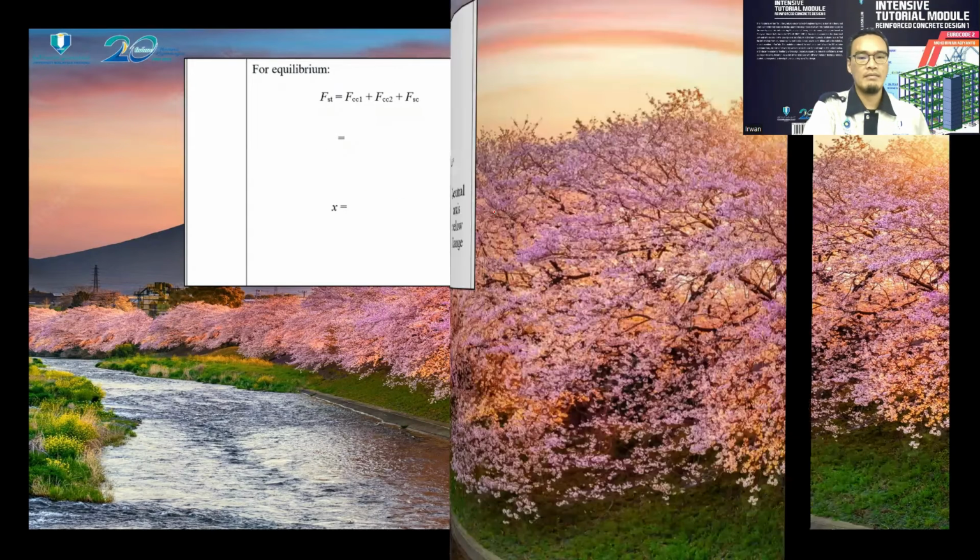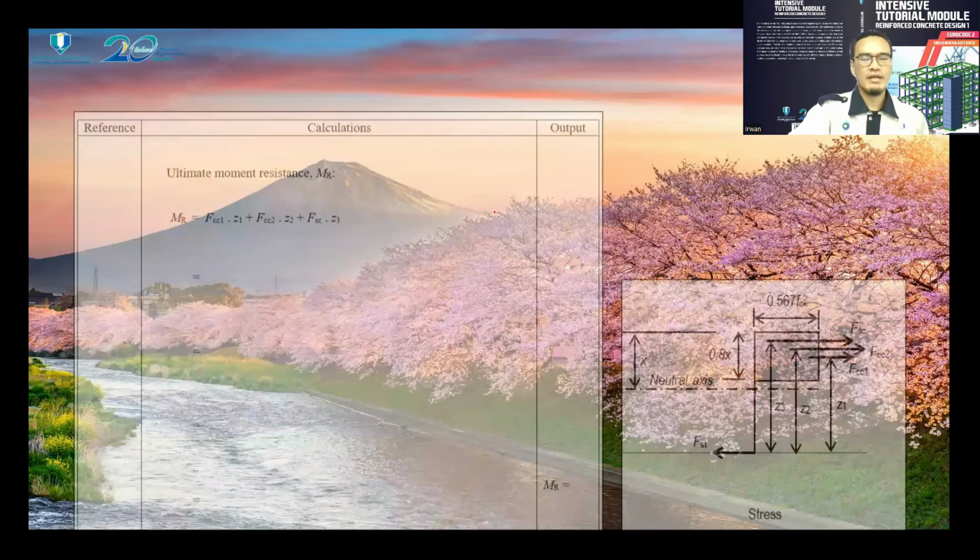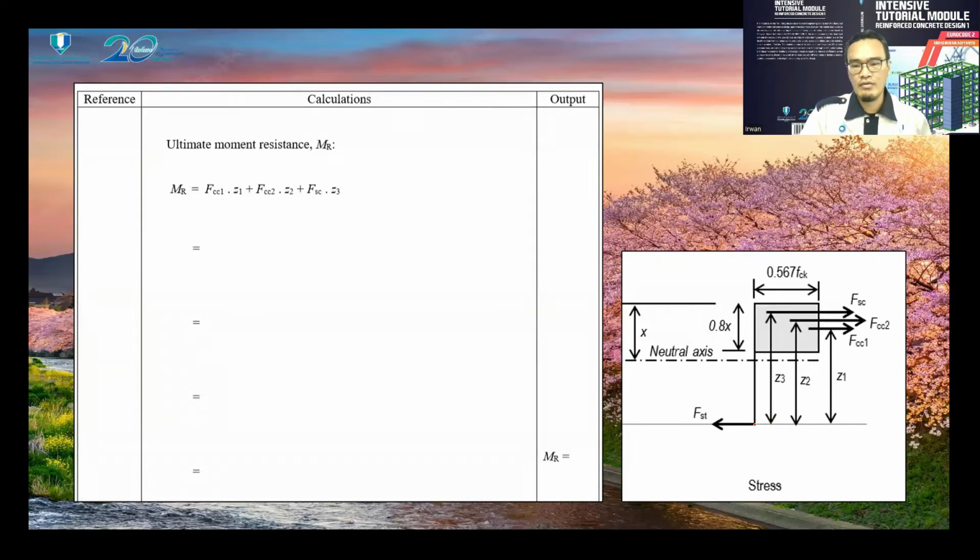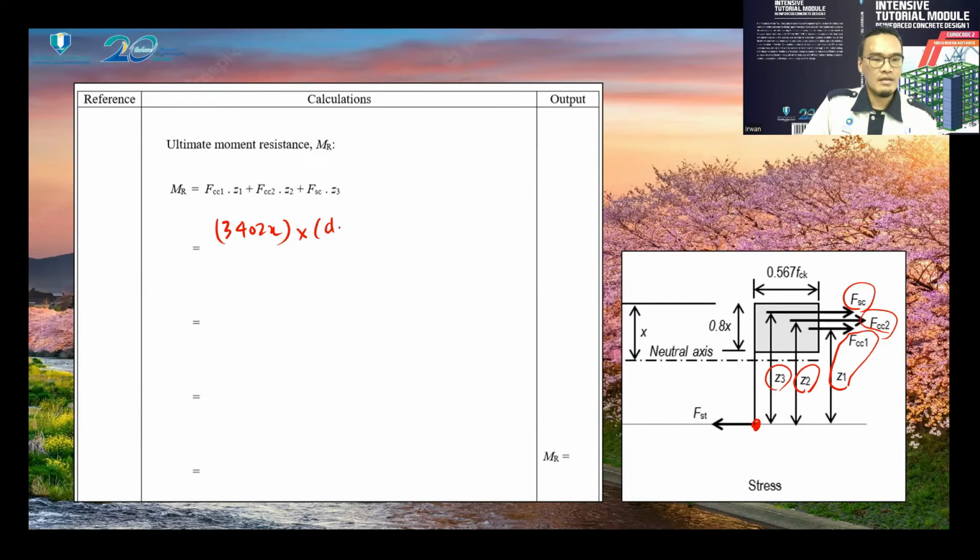Next, for the ultimate moment resistance, we can directly calculate from here. It is equal to FCC1 multiplied by z1, plus FCC2 multiplied by the distance z2, plus FSC multiplied by the distance z3. I advise you to be careful with these steps. It is equal to 3402x, this is the FCC1, multiplied by d minus 0.4x.